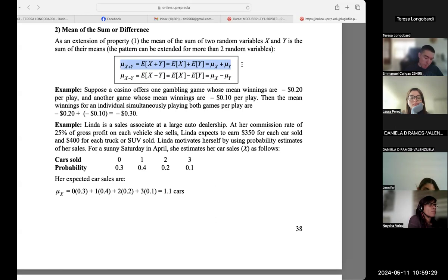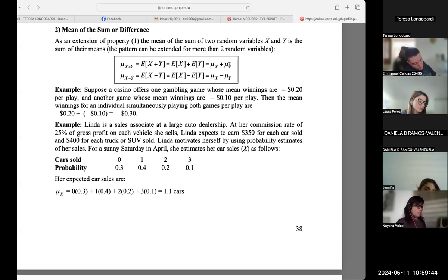How much am I going to make for every dollar I invest? What do I expect to get? That would be the expected value of this. Could be I get 5% for X, and maybe I get 10% for every dollar invested for Y. So all this is saying is that if I hold both of them, X and Y, the average is just going to be the sum of the averages. That makes sense, right?